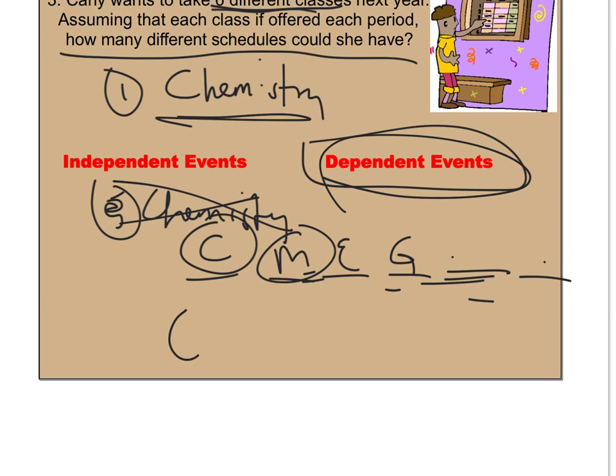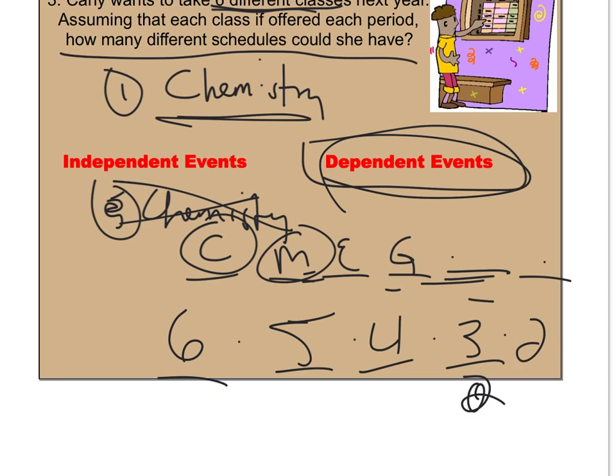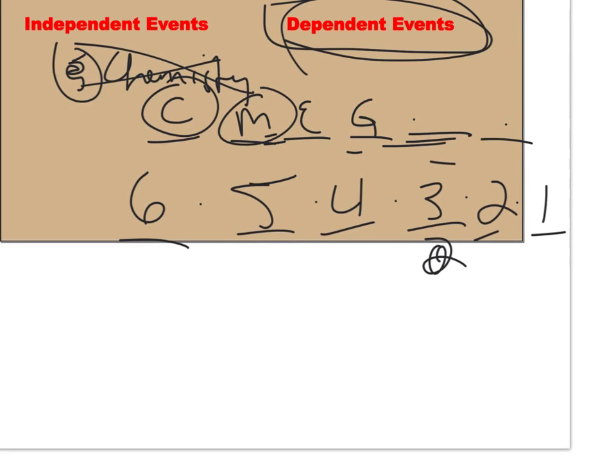It's going to look like this. I got 6 choices for the first hour. That leaves 5 for second hour, 4 for third, 3 for fourth, 2 for fifth, and 1 for sixth. So it's basically going to be 6 times 5 times 4 times 3 times 2 times 1, also known as 6 factorial. That little exclamation point means multiply down to 1.